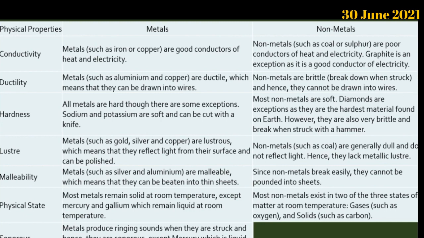Metals are sonorous, which means they give a bell sound, whereas non-metals are non-sonorous. What are the examples? Sulfur, carbon, oxygen, phosphorus, and many. Okay, more than 90% of the entire elements are metals. Non-metals are very few.